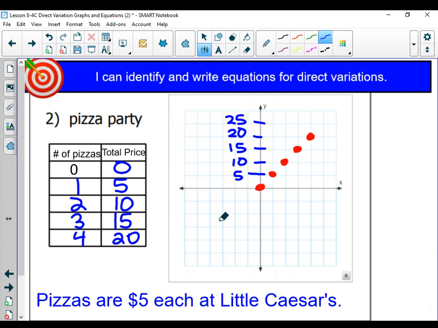Now we have 2 ways to write this rule. We can either count on the graph or count on the chart. Counting on the graph was Monday, counting on the chart was Tuesday. Be careful when you count on the graph, because going up 1 is actually worth $5.